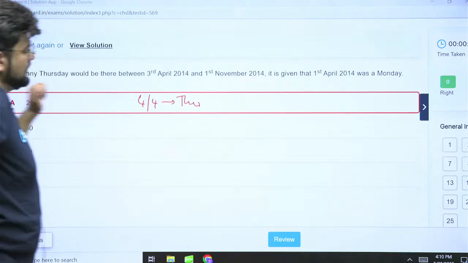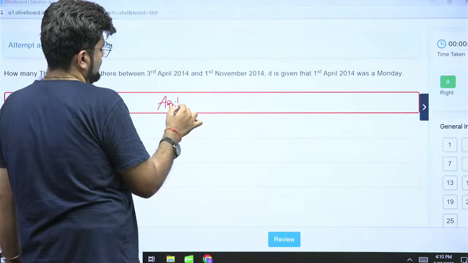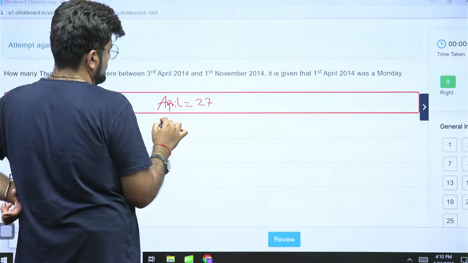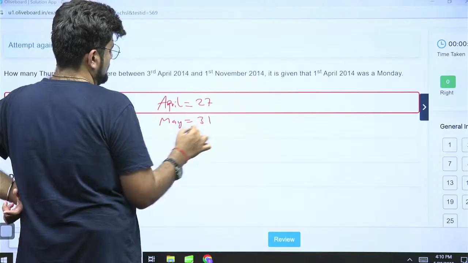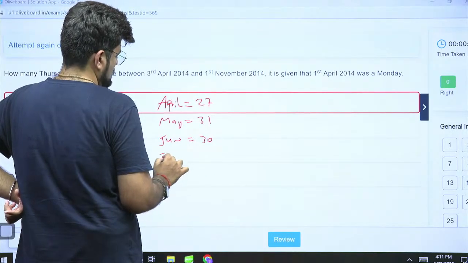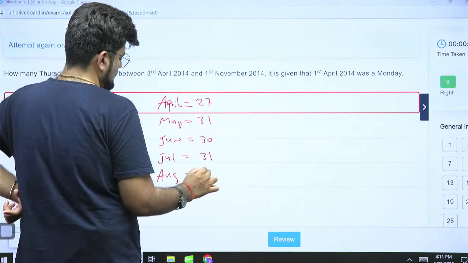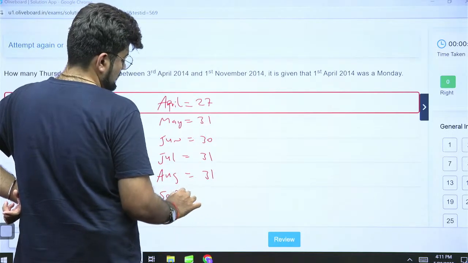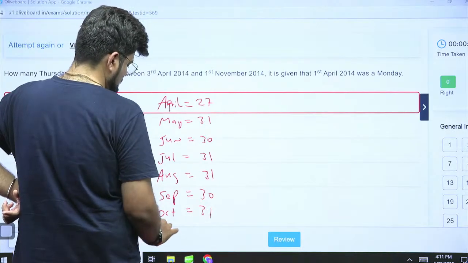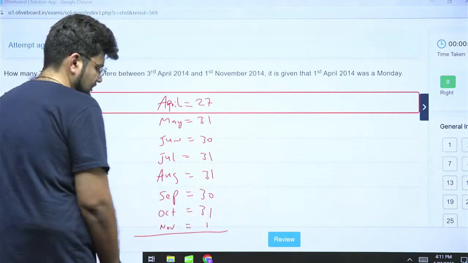So for the month of April, we have 30 and 3 are gone, so 27 days. For the month of May, we have 31. For the month of June, 30. July 31, August 31, September 30, October 31, November we have only one day.